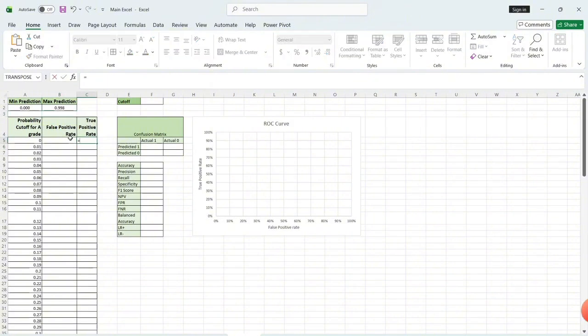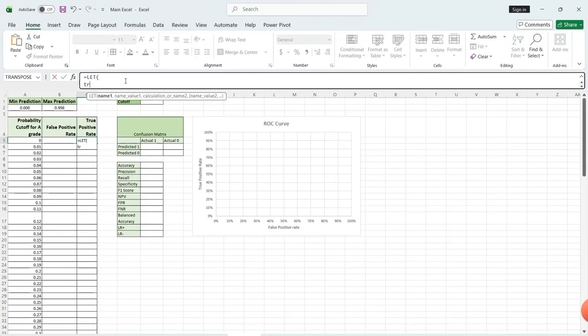Then we calculate the true positive rate, which is the percentage of A grades we correctly predicted out of all actual A grades.